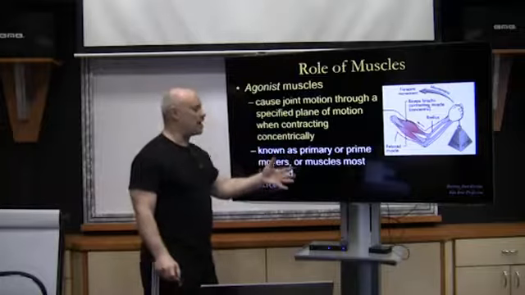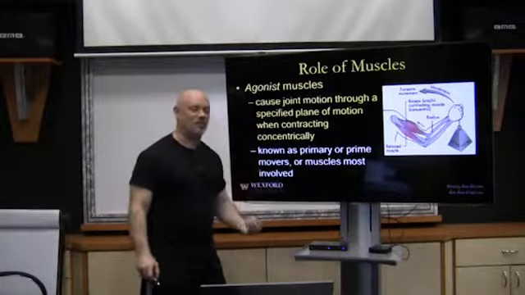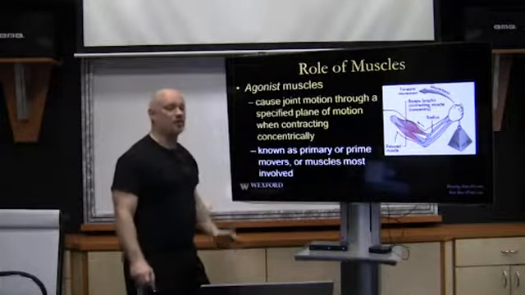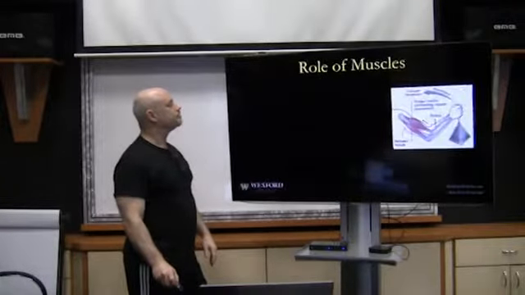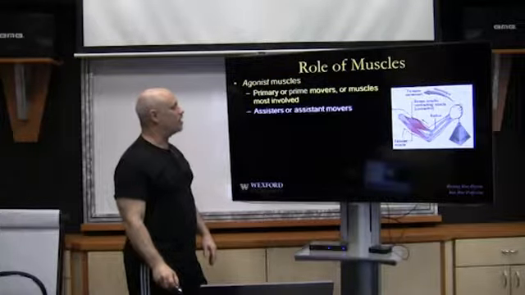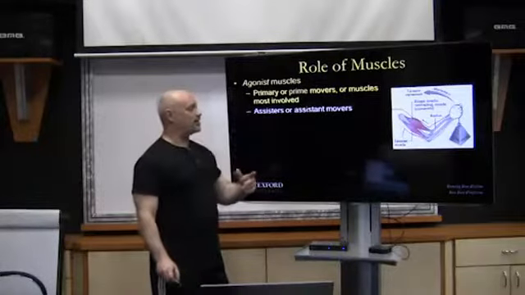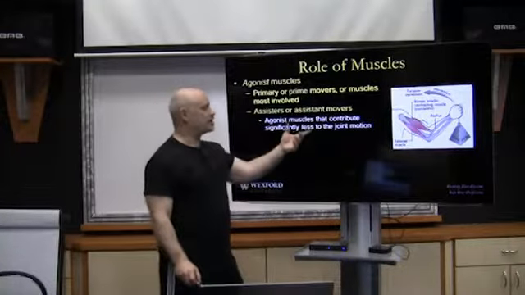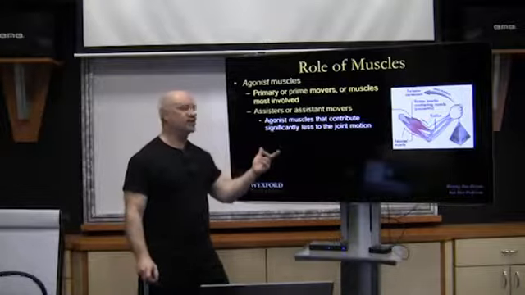These are known as the primary or prime movers, the muscles most involved in causing a particular muscle action or particular movement through a specific plane of motion or across all planes of motion. They also have assistant movers, agonist muscles that contribute significantly less to the joint motion.